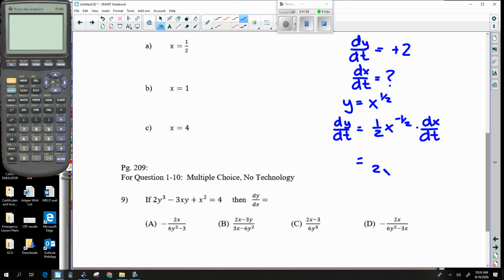Making this equal to 2 square root x dx dt. And because I'm solving for dx dt, you don't have to do this step, but I think it's a little bit easier. I'm going to isolate the dx dt, and that would imply multiplying out the 2 square root x.